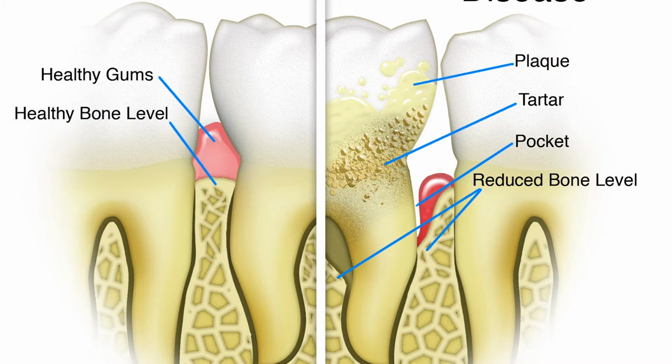I think it's been in use for about a decade. The main etiologic or causal factor of gum disease is the adherence of tartar beneath the gum tissue to the tooth root.